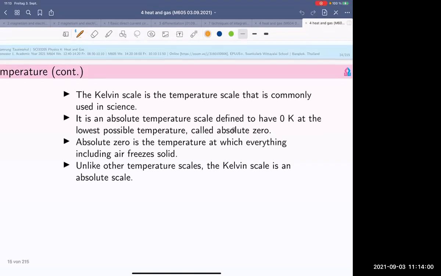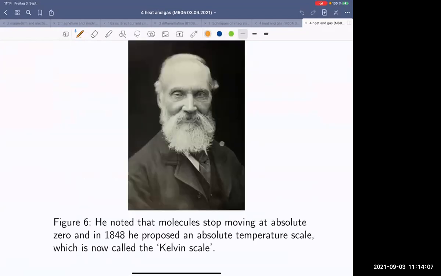Because Baron Kelvin found that when we are at 0 Kelvin, the molecules stop moving. They don't move at all. When they don't move, there will be no kinetic energy. You know kinetic energy, right? The energy due to the movement of any particle, found from the expression you may be used to, 1/2 mv squared.